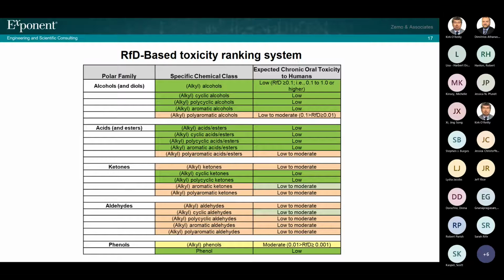The toxicologists came up with toxic values for them based on compounds that have been tested in those classes. And then we use the chemistry to identify what fraction of the compounds we're identifying are in each of these classes, and what that says about the toxicity of the complete mixture.